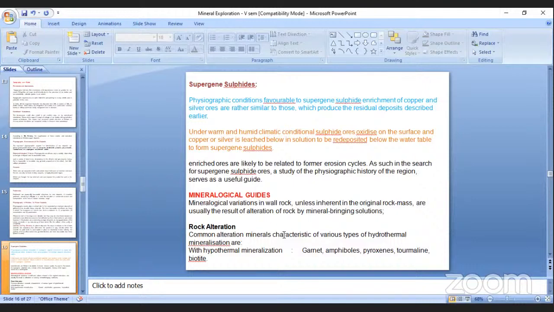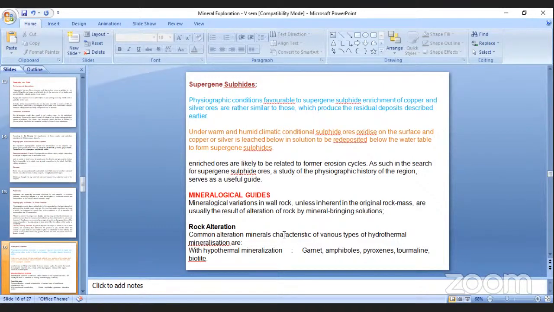It is dissolved in solution, and it will be re-deposited in the presence of water. Below the water table, these supergene sulfides will be formed, getting enrichment from above the water table, whatever is reacting with that.